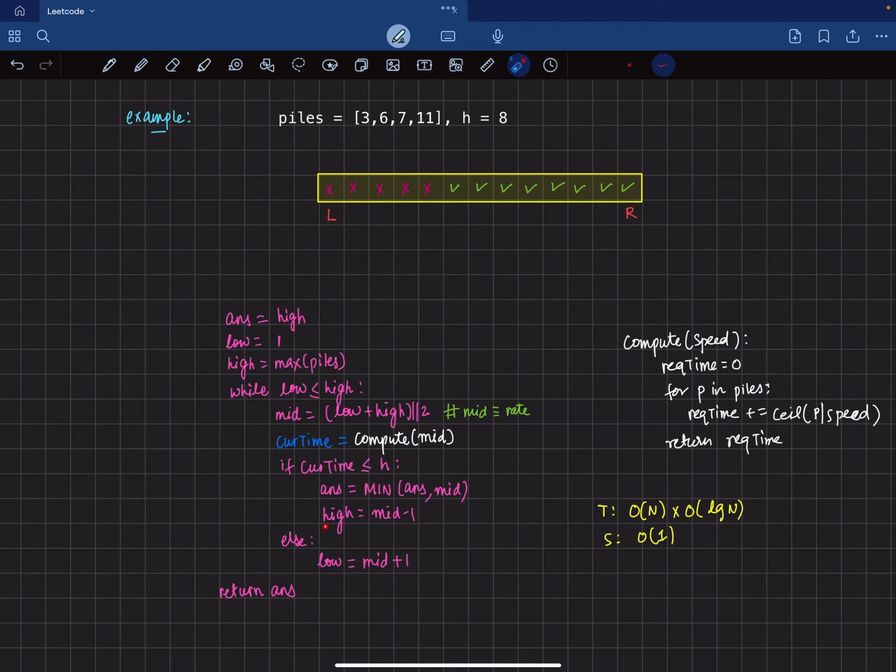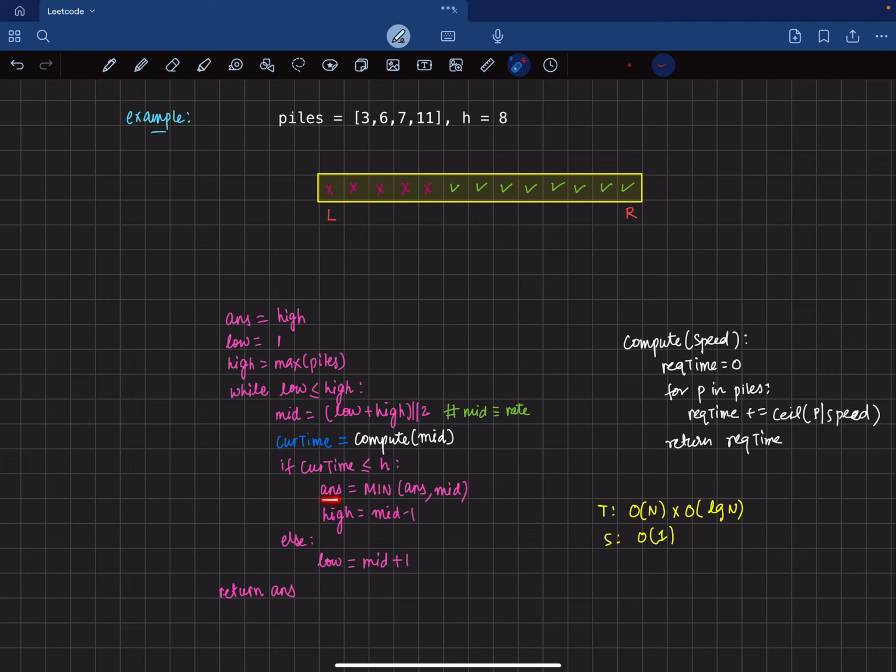So what we do, I move my high pointer to mid minus one. If mid was over here, I discarded the scope, moved my right pointer to mid minus one to scan the remaining parts, where Coco can finish with a minimum amount of time than the earlier one, so that she finishes eating all the bananas within H hours.